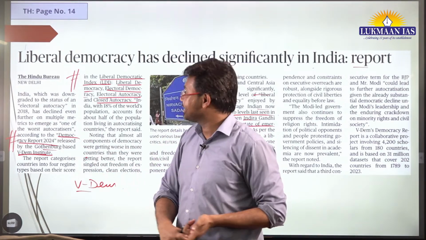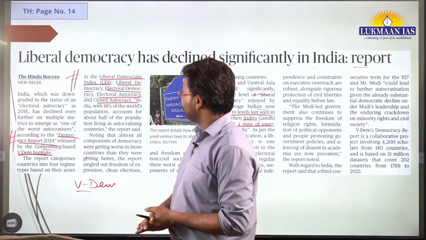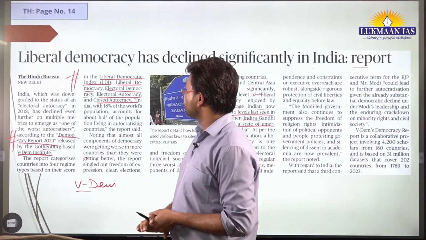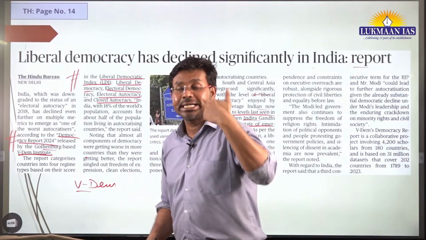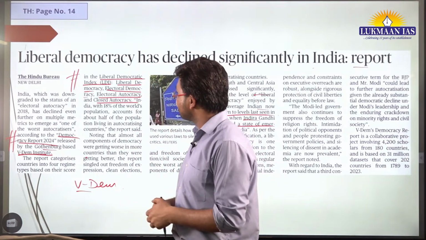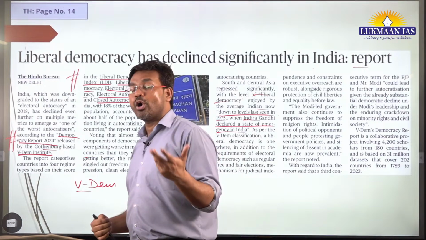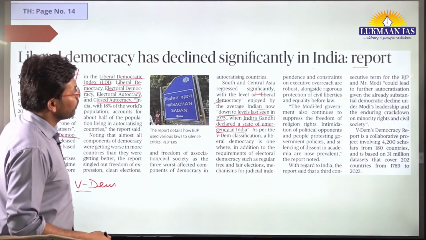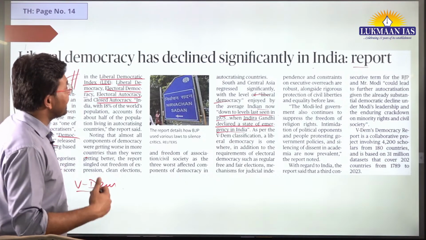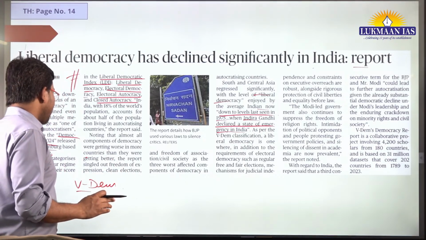Which index does it compile? It is known as the Liberal Democracy Index, and their score categorizes different regimes into different types: liberal democracy, electoral autocracy and closed autocracy. So it has categorized India very lowly at this point of time.